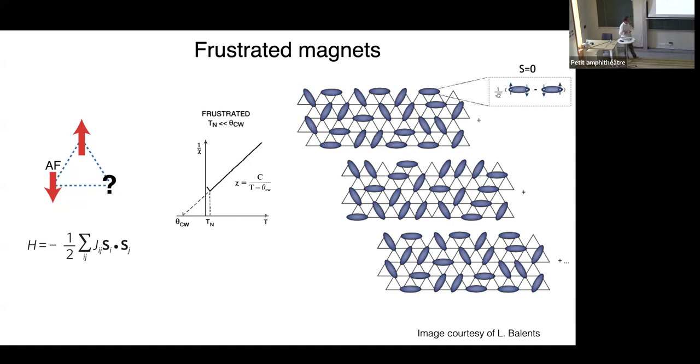Now, one of the things that can happen is that this tendency towards local spin anti-alignment can be satisfied through the formation of singlets. We're representing that by this triangular lattice where these oval lozenge-shaped things represent a singlet state.